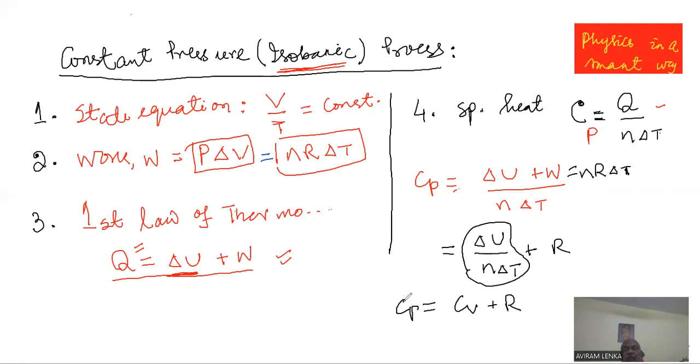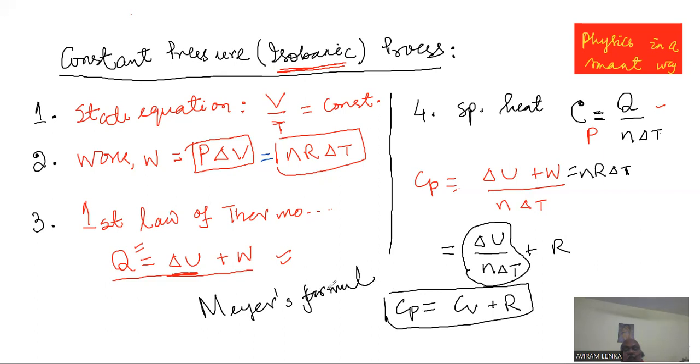So thereby we are coming across a very famous relationship. This formula is known as Meyer's formula, or Meyer's equation, that gives the relationship between the constant pressure specific heat and constant volume specific heat of an ideal gas.